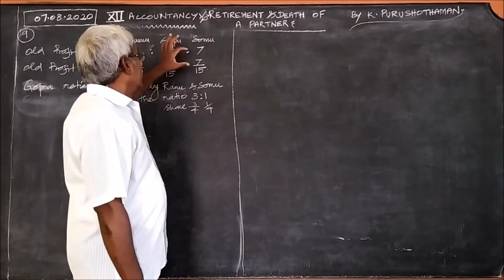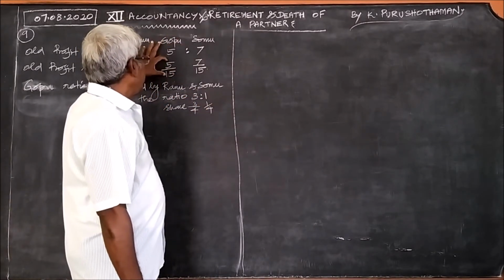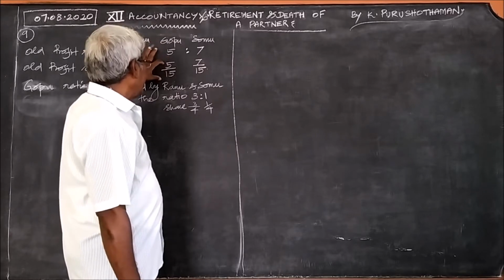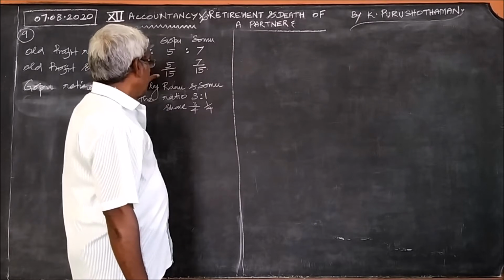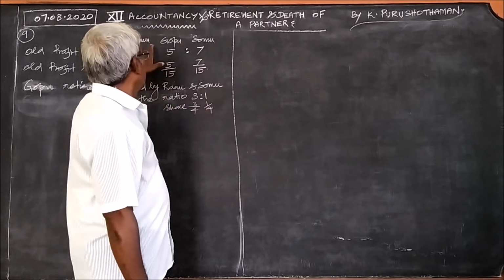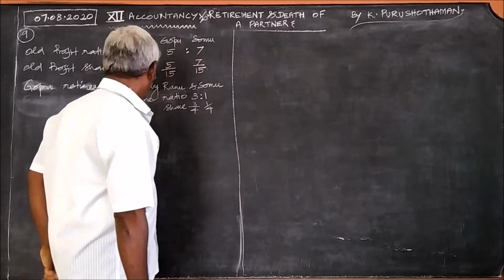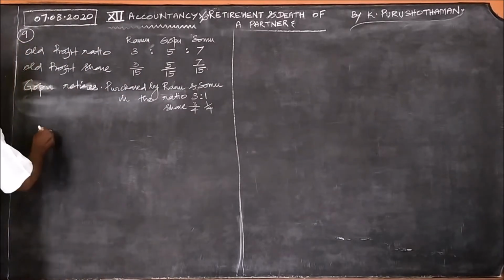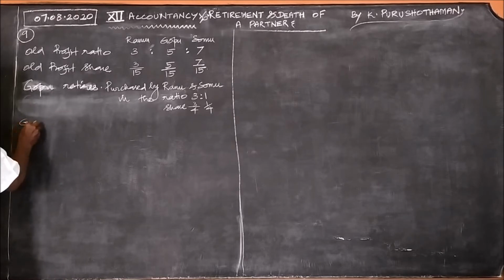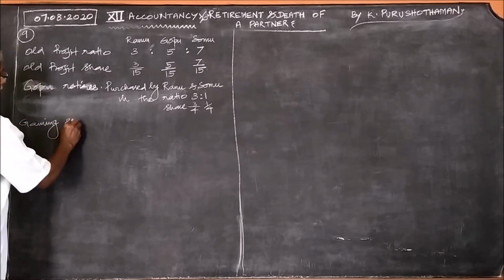That is, from this 5/15, 3/4 will be taken up by Ramu and 1/4 will be taken up by Somu. So, what is the gaining share? Now we should write the gaining share.